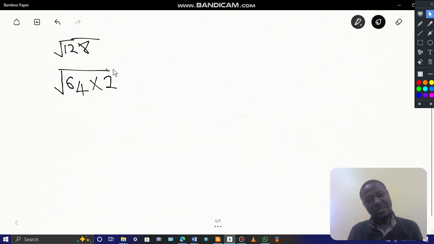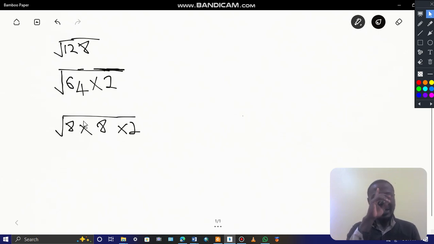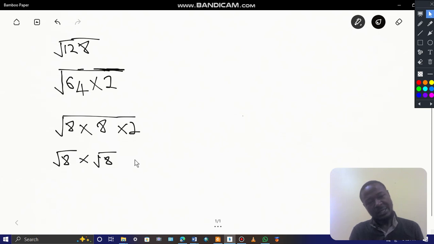Now in this case, 64 is a perfect square, so we can find its square root. You can come up with 64 as 8 times 8, and then we have times 2. This will give back 128. And then from here, in the square root, we have root 8 times root 8 times root 2.